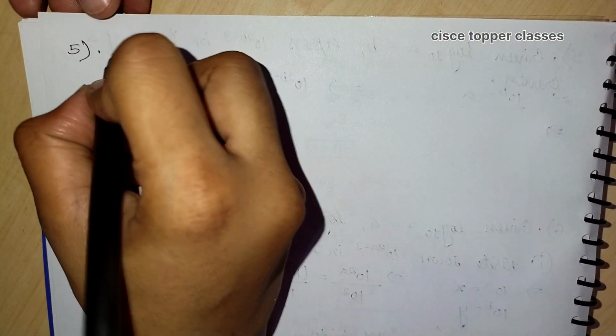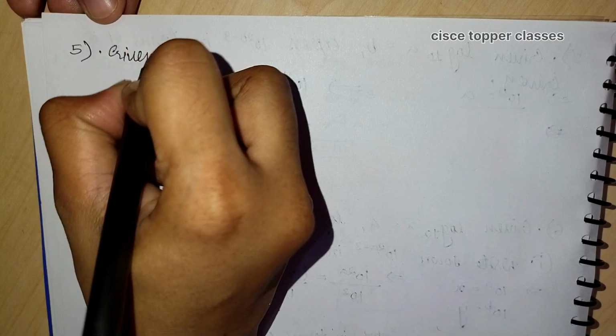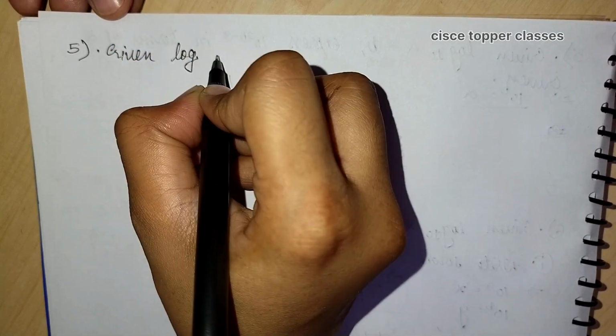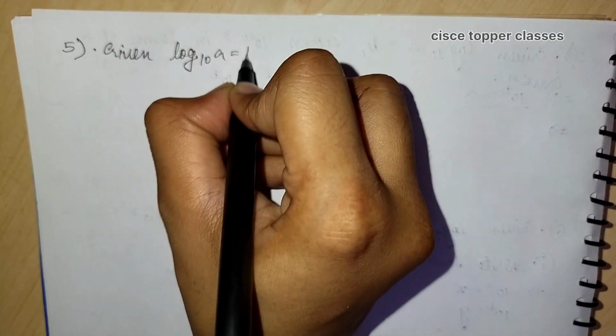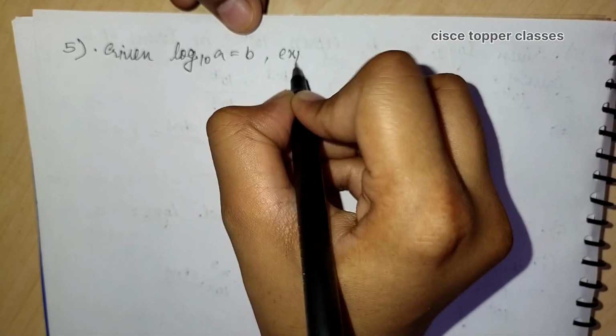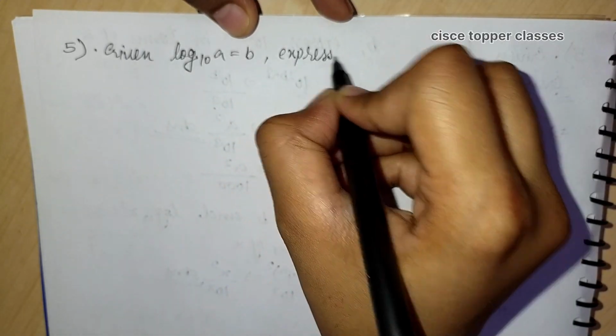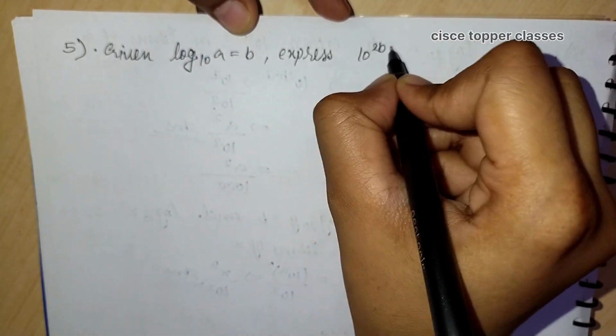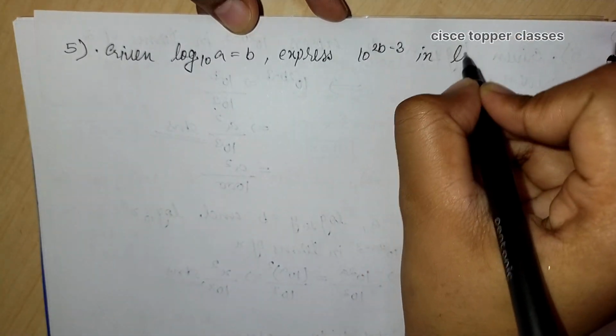Now the fifth question in this exercise is given that in logarithmic form, log of a with base 10 is b, and we have to express 10 to the power 2b minus 3 in terms of a.